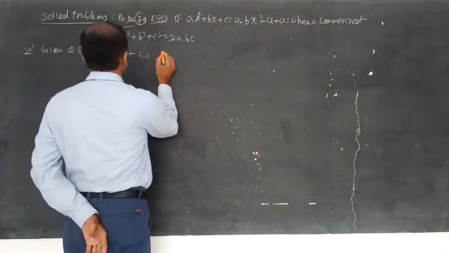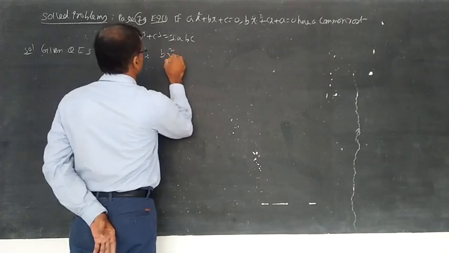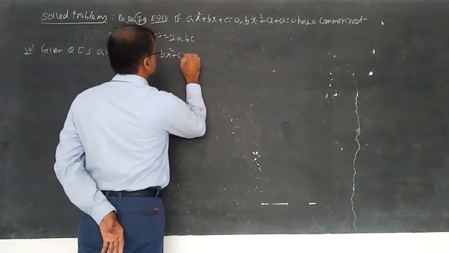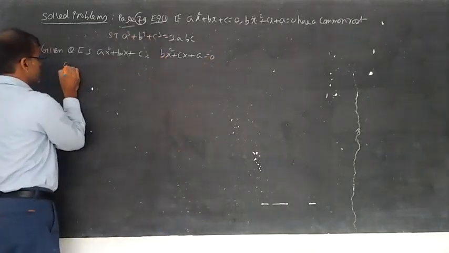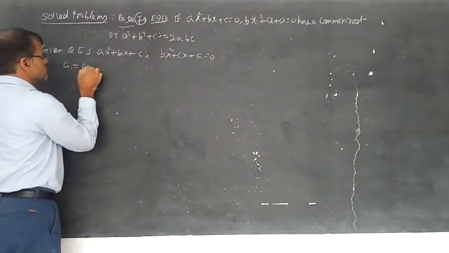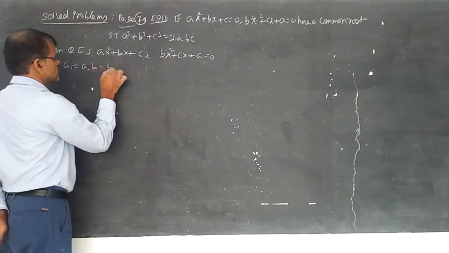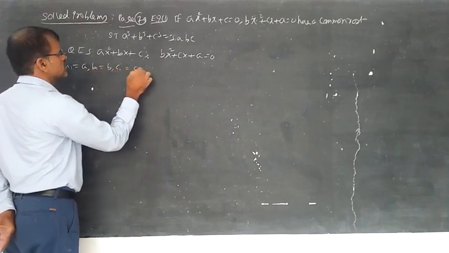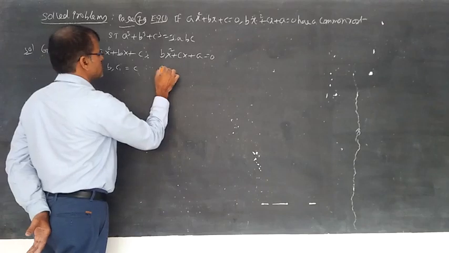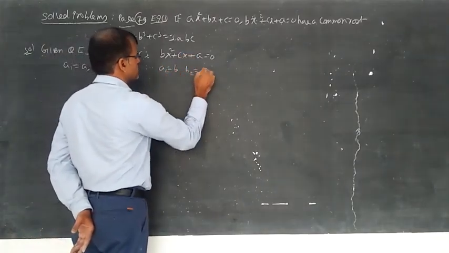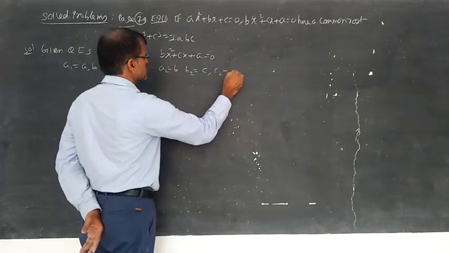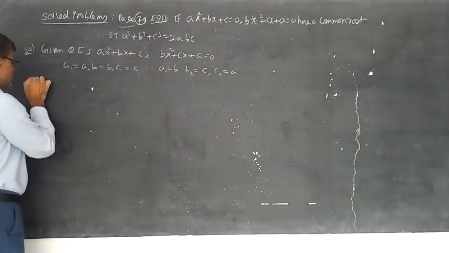ax square plus bx plus c equal to 0, and the next equation is bx square plus cx plus a equal to 0. Write like this. Here a1 is equal to a, b1 is equal to b, c1 equal to c. Here a2 equal to b, b2 equal to c and c2 equal to a. Formula I am writing.